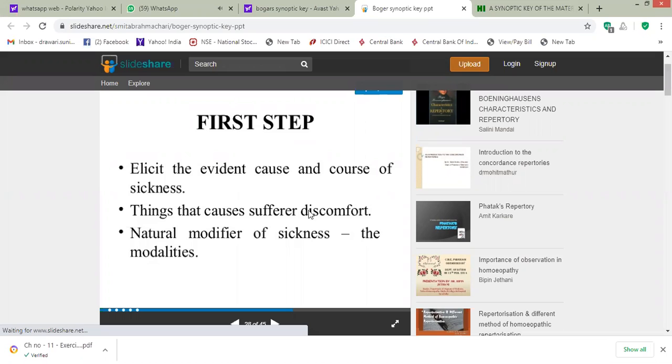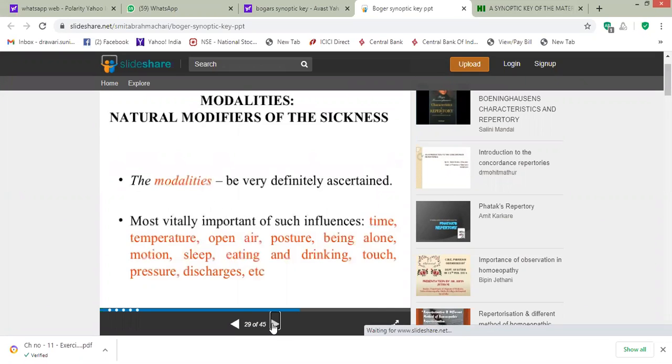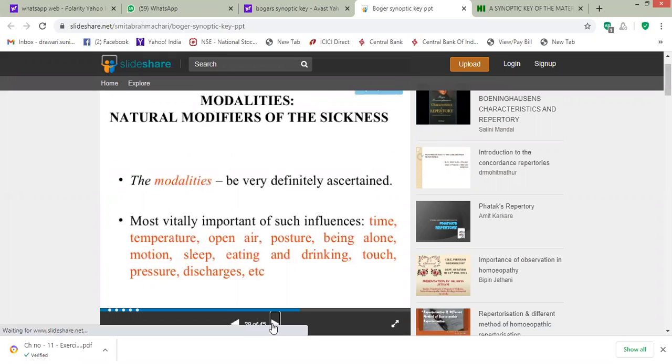This is the first step towards the similimum. Then modalities: these are the natural modifiers of the sickness and must be very definitely ascertained.